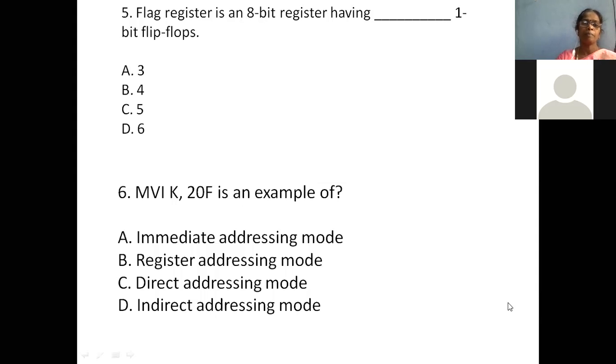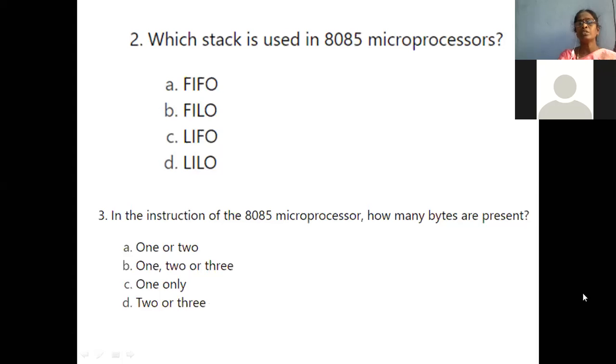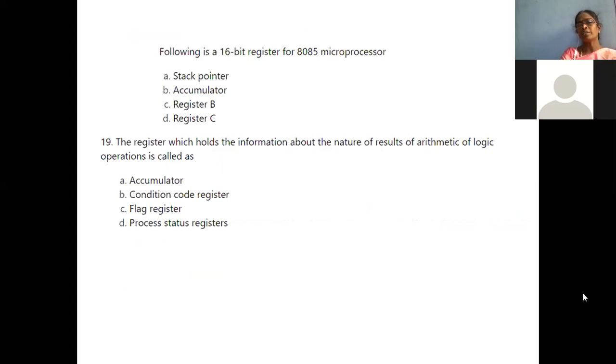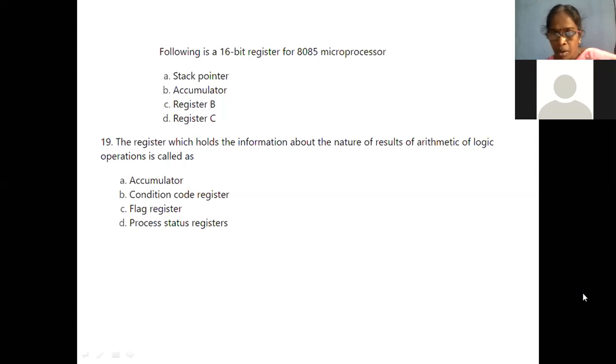And then which stack is used in 8085? That is last in first out. Okay. Instruction in the 8085 microprocessor, how many bytes are present? 1, 2 or 3 byte instruction.